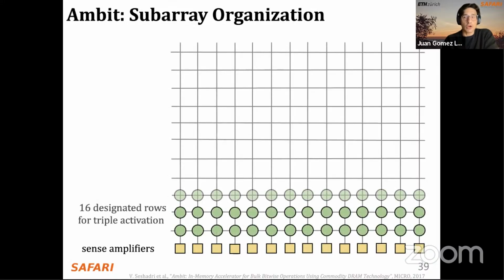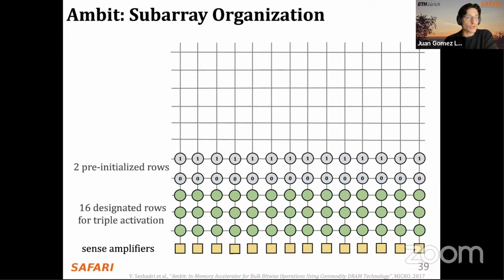But anyway, in order to summarize Ambit, remember in the subarray organization, we have the local row buffer composed of the sense amplifiers. Ambit proposes to use only a limited set of designated rows for the triple row activation.